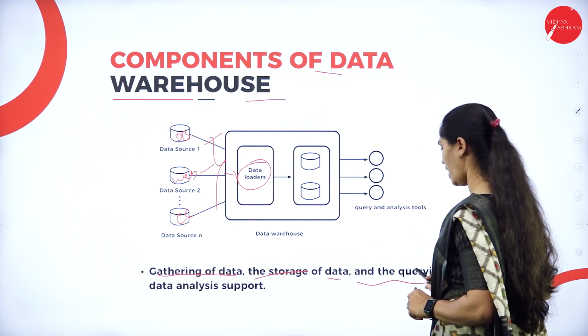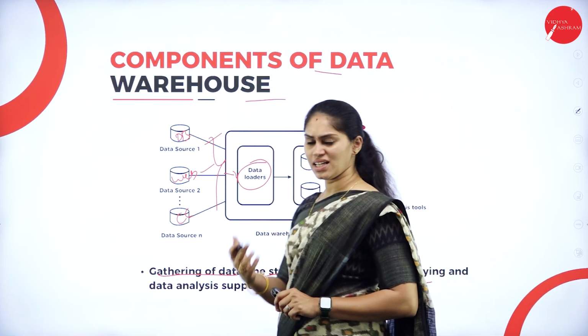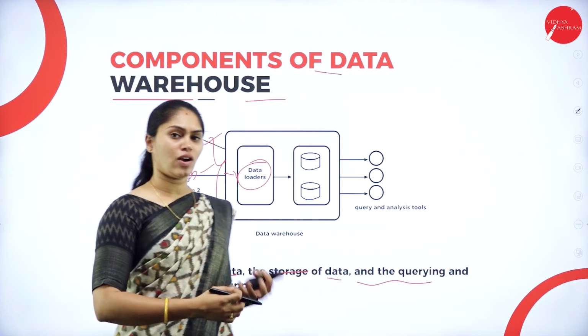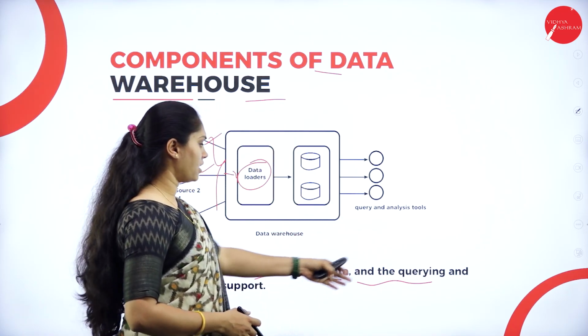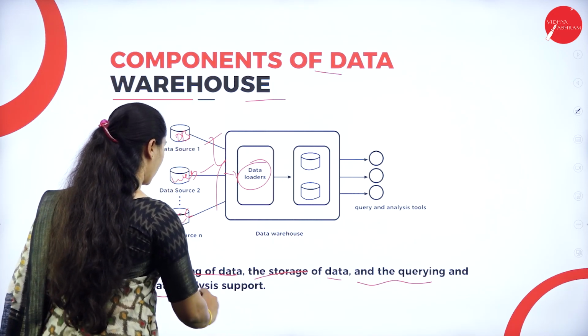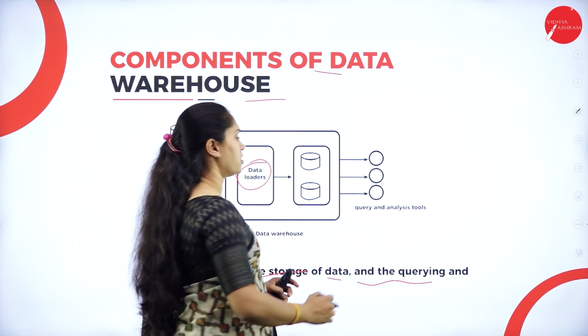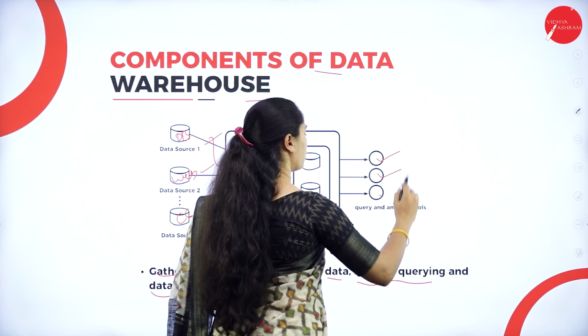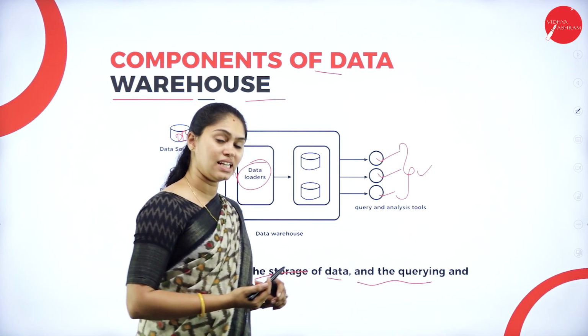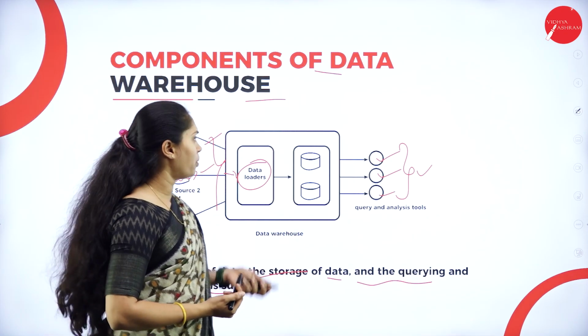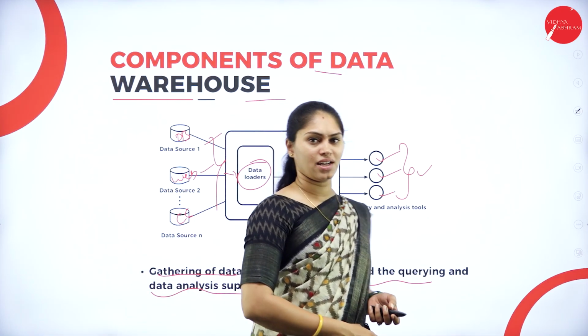After that comes querying, that means I'm writing some queries in order to retrieve a particular pattern. That is what we write in the query and data analysis support. After this, we are going to get some useful data, and that useful data will be used to make a decision. So these are the components that we have in a data warehousing.